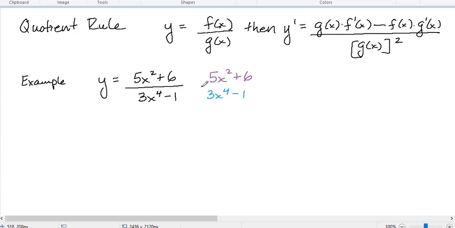And I'm going to color code these. I'll make the numerator function, f of x, purple. And the denominator function will be blue.